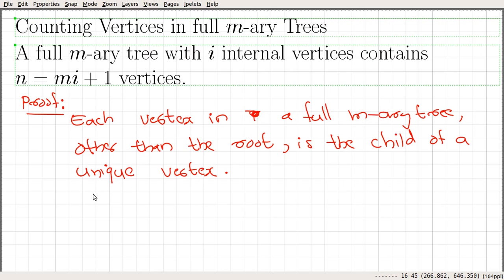And again we can see that each of the i internal vertices has m children, because we are dealing with a full m-ary tree.